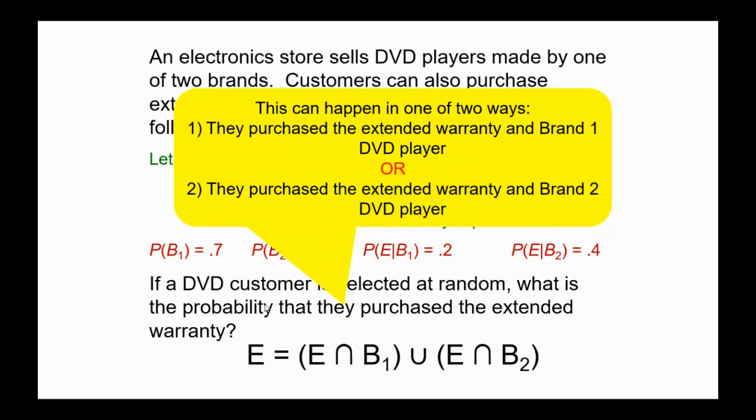So that's our possible event that can happen. The warranty with brand 1 or the warranty with brand 2. Those are our 2 options.